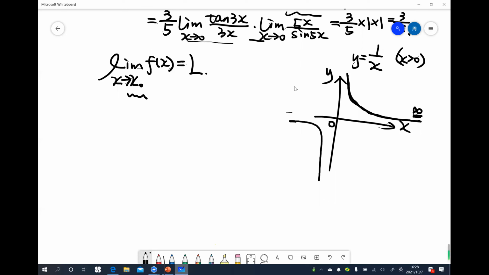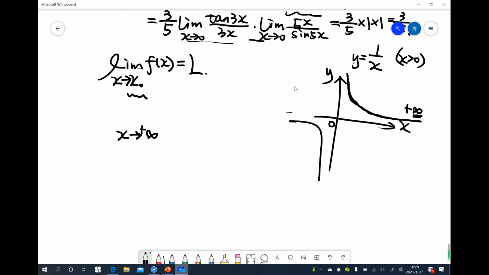So here we can talk about x approaching infinity. For this part, because x is larger than 0, we call it positive infinity.